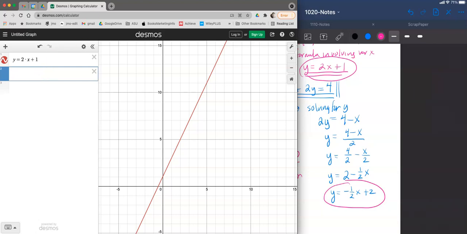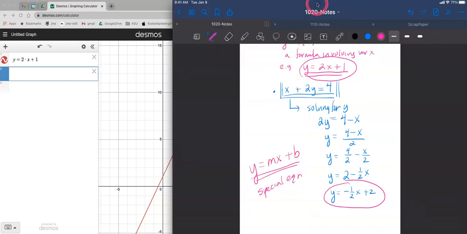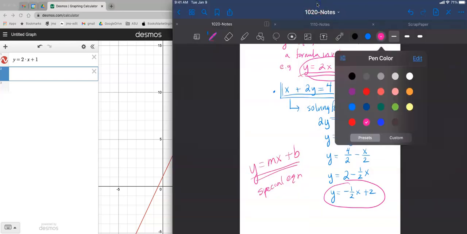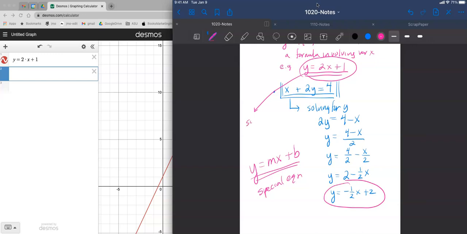Remember the terminology we had in class: a solution to this equation is a value of x and y for which the equation is true, for which that equation in pink is satisfied. You'll notice that, for example, when x is equal to 0 and y is equal to 1, this is a solution.